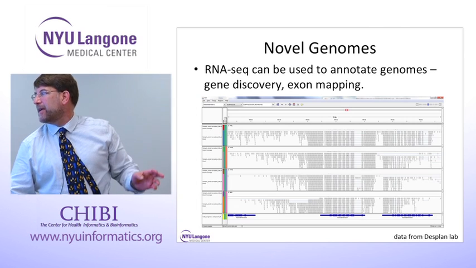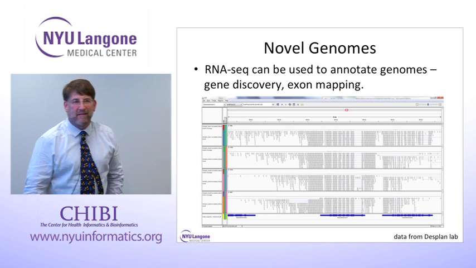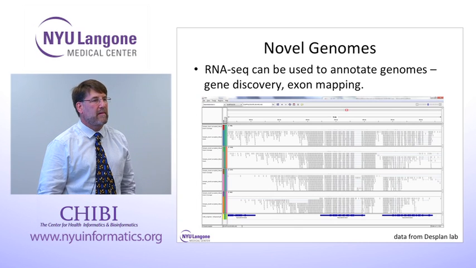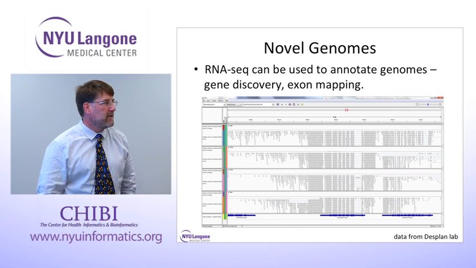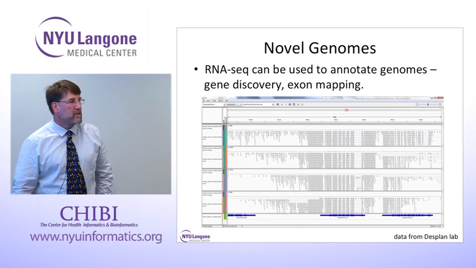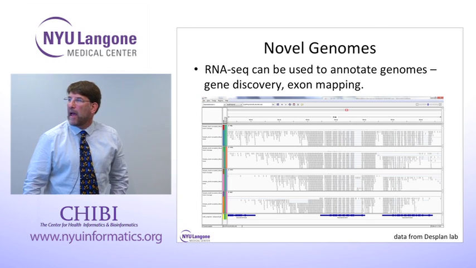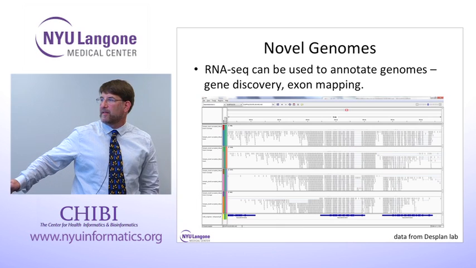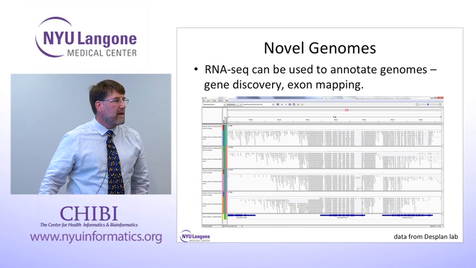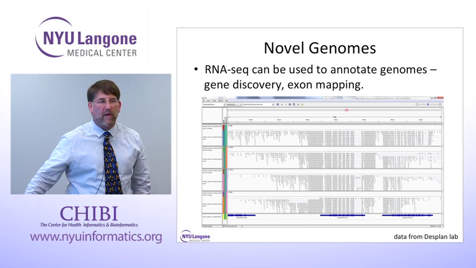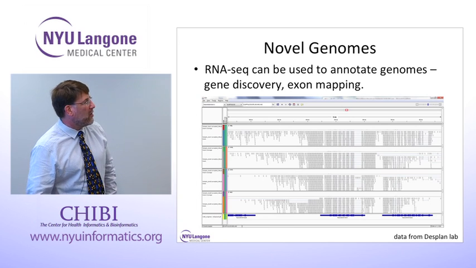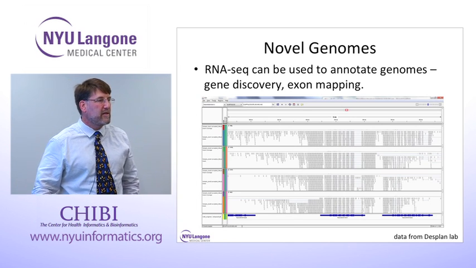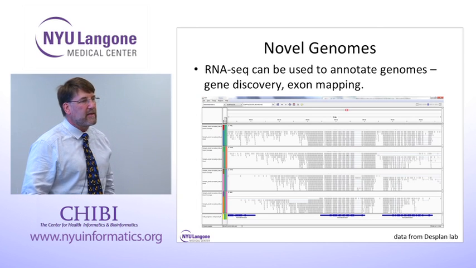So here's some data from the Desplan lab on a wasp, where we had only EST-type predicted genome annotation, which is very rudimentary. And as you can see, the RNA aligns to these genome fragments in places that are not expected as exons from this existing map. So we're starting a project to re-annotate the genome based on the real gene expression that we see in the RNA samples.